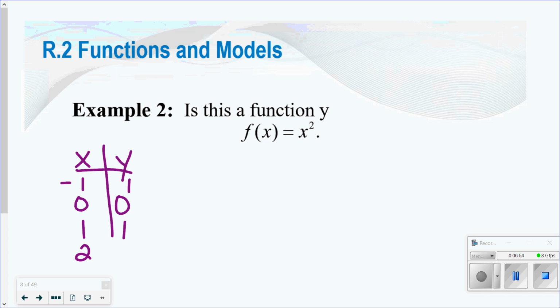If I plug 2 in, 2 squared is 4. So anytime I input an X value, I only get one value out. So the answer to that is yes. Again, it doesn't matter that those two X values, 1 and -1, both had the same output.